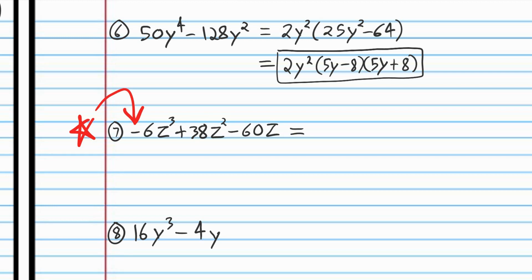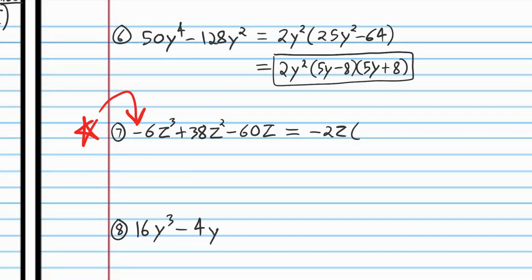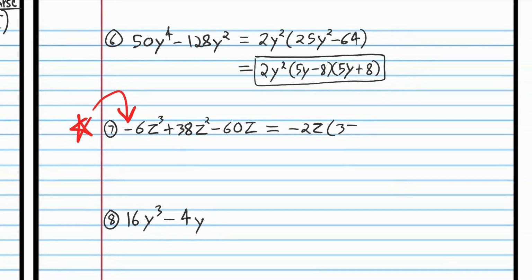Alright, we're back. So I think negative 2z is going to be the greatest common factor. And that's going to be 19z, negative 19z, and positive 30.